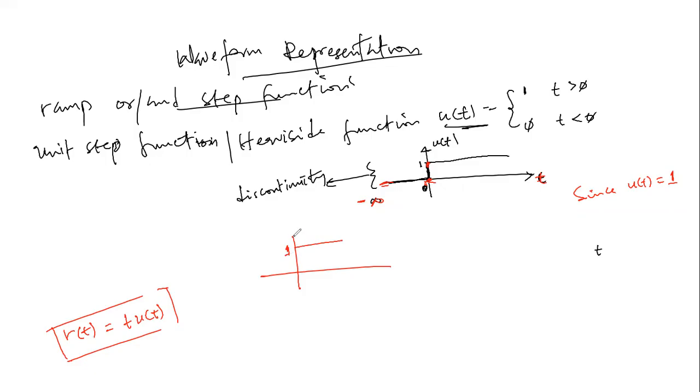Here, this is 1, this is u of t, and we want to perform time shifting, for which we have some parameter t naught. So what do we get from here?